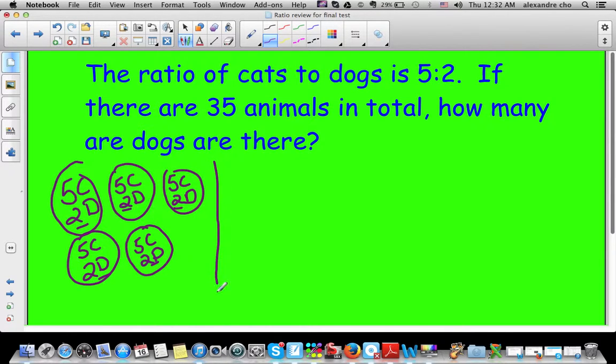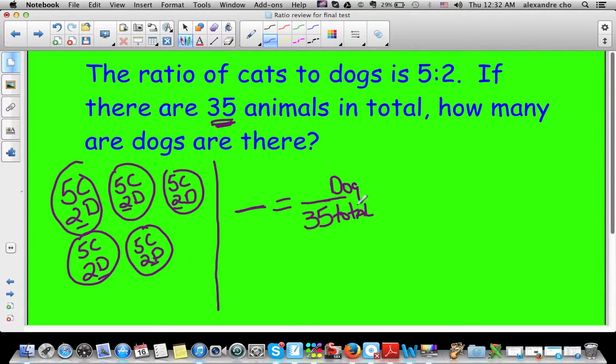Another way of doing this is a proportion. You have to be careful here. The one number I know, and I'm going to start with this one, is 35 in total. There are 35 animals, and I want to know if I have 35, how many dogs.